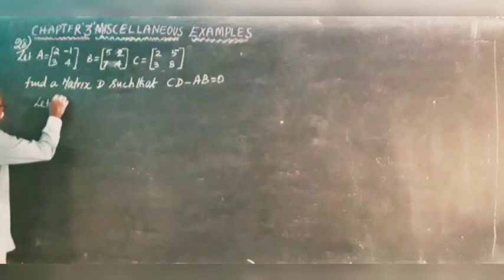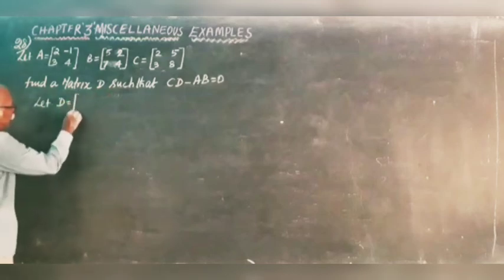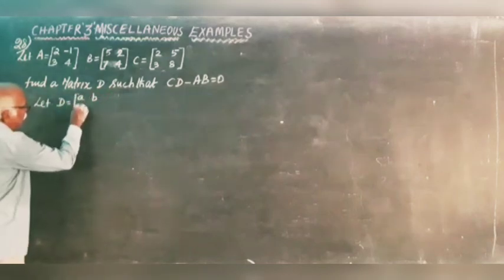Let D equal to [a, b; c, d]. Then, given that CD minus AB equal to 0. 0 means the 2 by 2 null matrix.